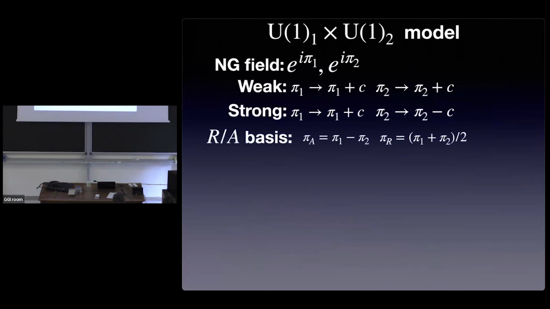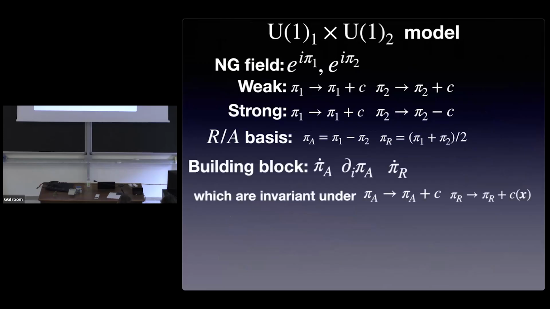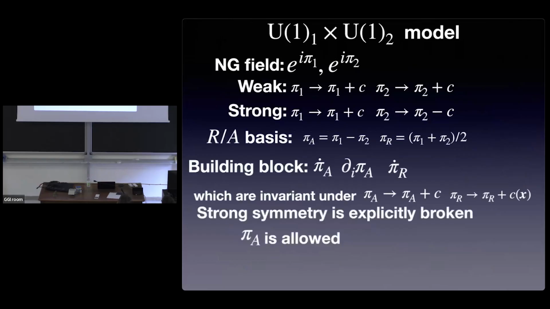So again, let's consider the U(1) times U(1) model. This is the same as before, but now the strong symmetry is explicitly broken, which means this is a building block as before. So the strong symmetry is explicitly broken, meaning that no derivative term is allowed.